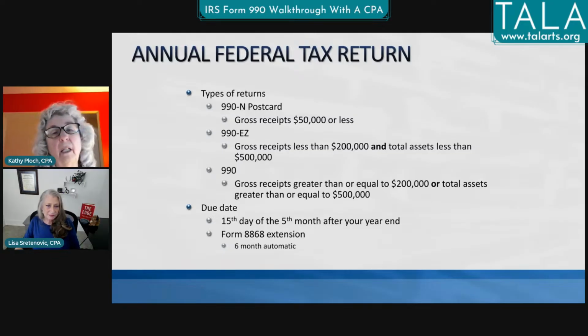It can be done, but if you have to do the 1023 process again, like you did originally, that's $600 that you have to pay the IRS. It has to be online. And if they have to file the bigger 1023, it could be 6 to 9 months before the IRS responds and so forth.